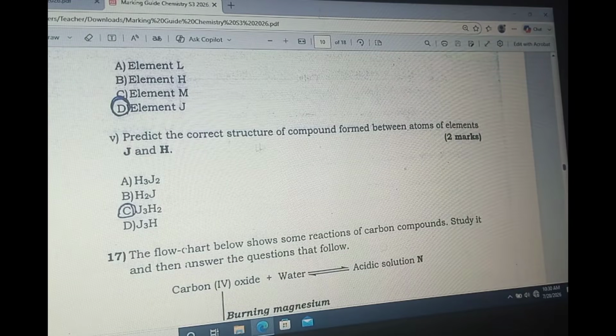V. Predict the correct structure of a compound formed between atoms of element G and H. G has valency 2, and H has valency 3.